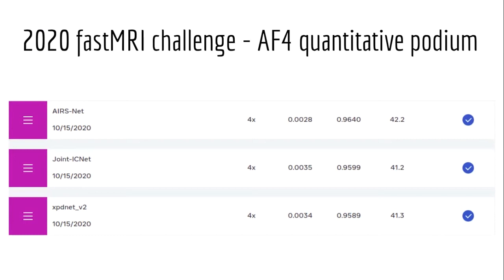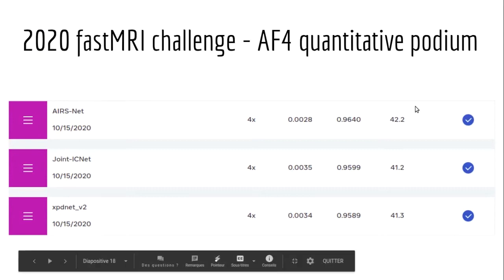So basically, the higher the acceleration factor, the faster the exam is going to be, but also the more difficult it is to reconstruct the image. So with an acceleration factor of 4, which is a mild acceleration factor, you had PSNR levels of around 41 to 42.